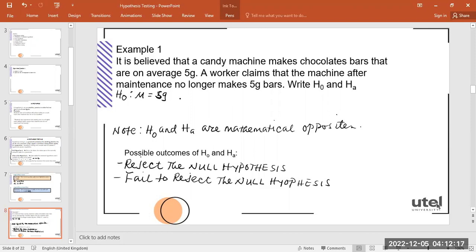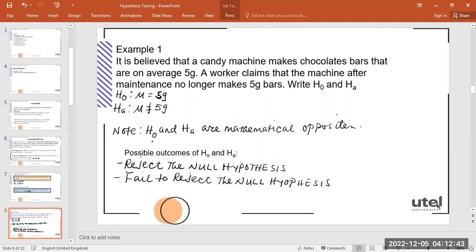And then after some maintenance work, a worker decided to say, no, I don't believe that this machine makes candy bars that are 5 grams. Then he comes up with an alternative hypothesis and says, HA is such that the mean is not equal to 5 grams.